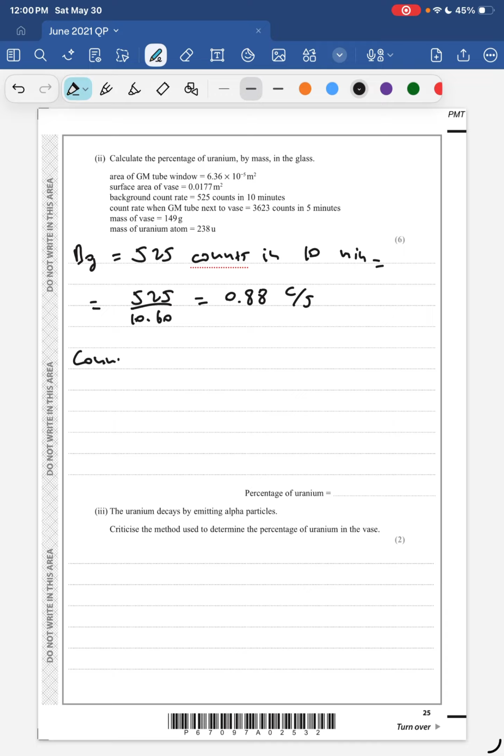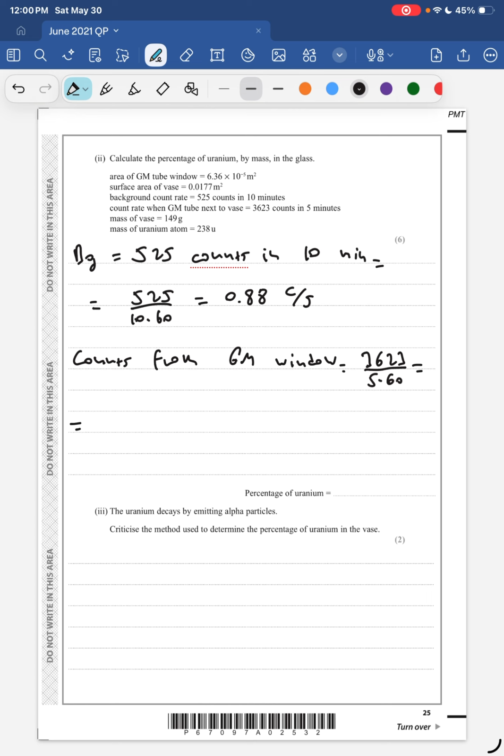Now let's do the counts from the GM window. This is 3,623 counts in 5 minutes, so 5 times 60.